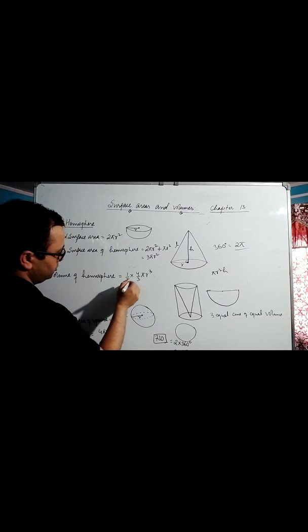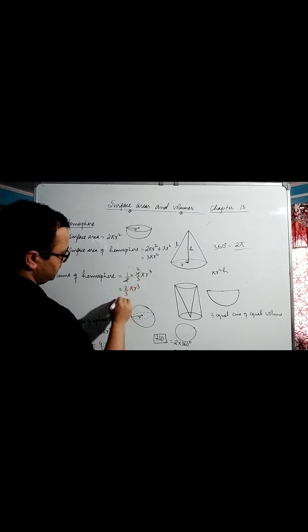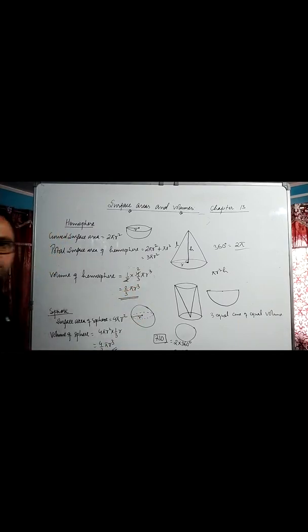We can cut: 2 into 2 is 4. So this equals 2 by 3 pi r cube. This is the volume of the hemisphere.